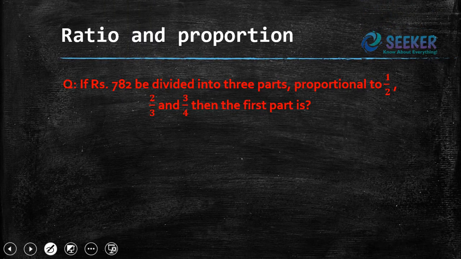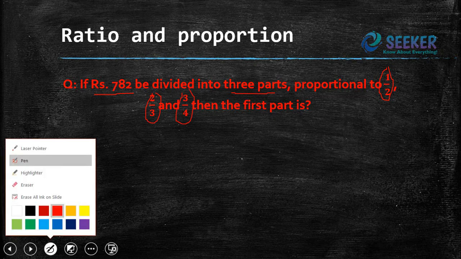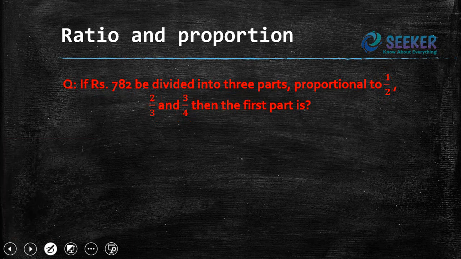Let's solve an example on these terms. If 782 rupees be divided into 3 parts, while the proportions are 1 by 2, 2 by 3 and 3 by 4. Now the solution.